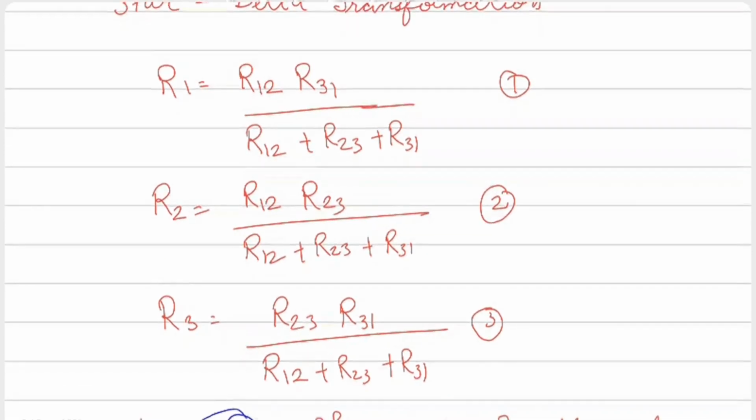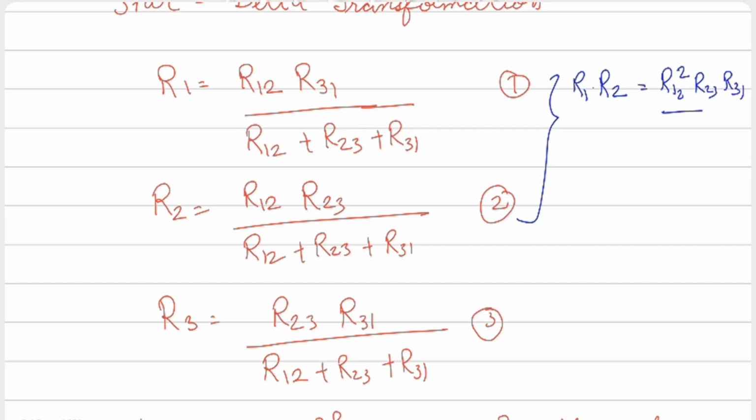If we multiply equation 1 and 2, we will get R1 into R2 equals R12 square R23 R31, the whole divided by R12 plus R23 plus R31 the whole square.